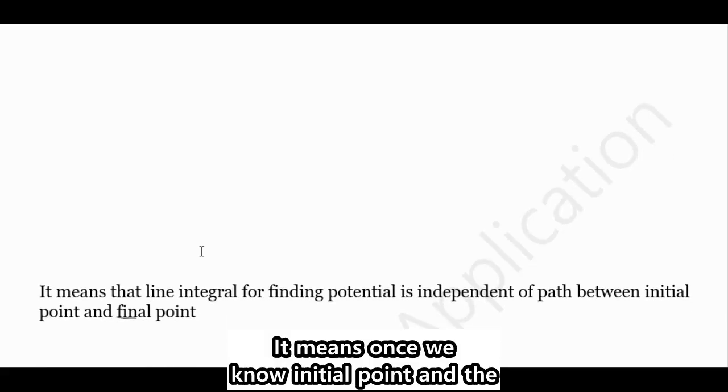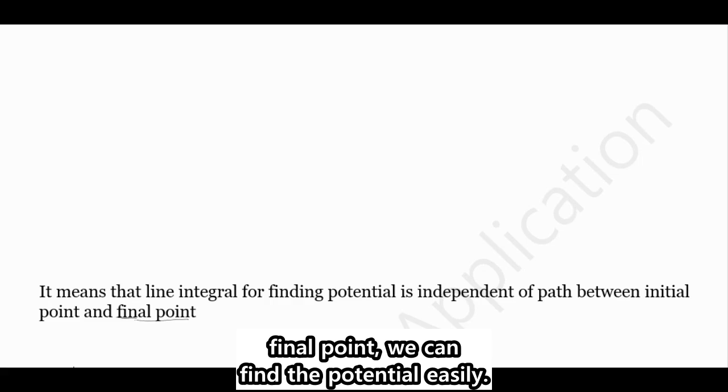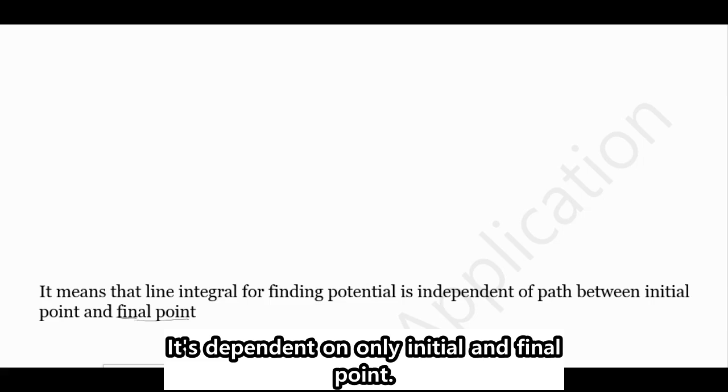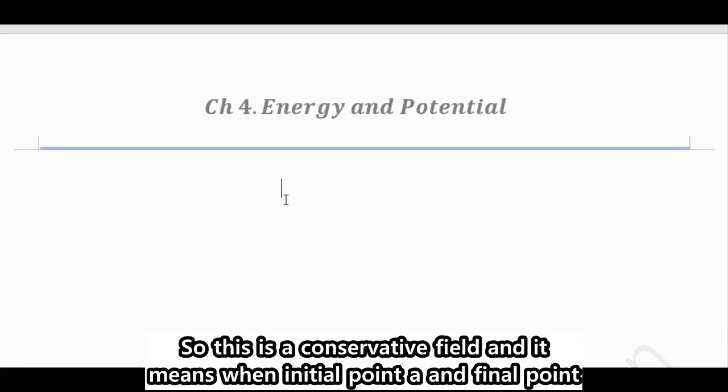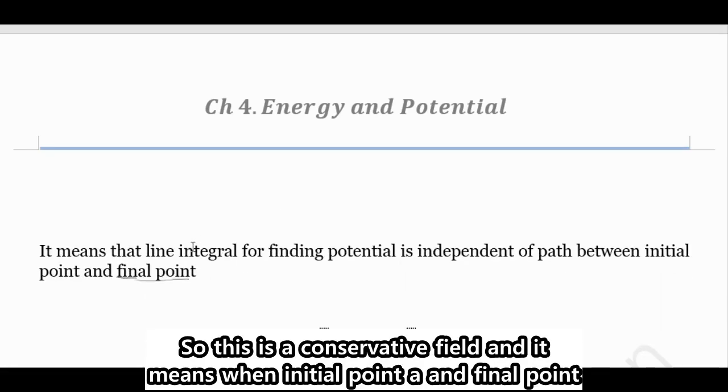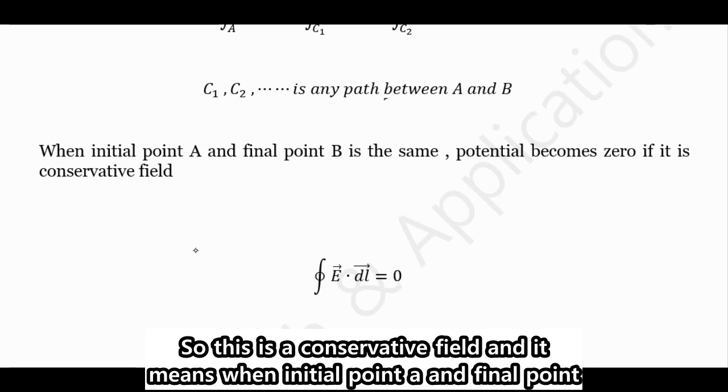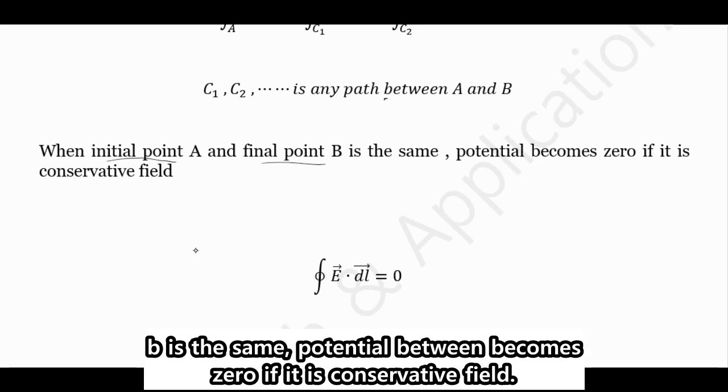Once we know the initial point and the final point, we can find the potential easily. It depends only on the initial and final point. So this is a conservative field, and it means when initial point A and final point B are the same, the potential becomes 0 if it is a conservative field.